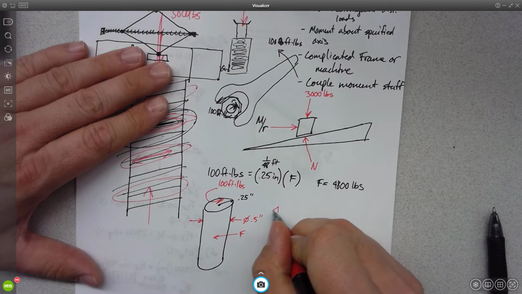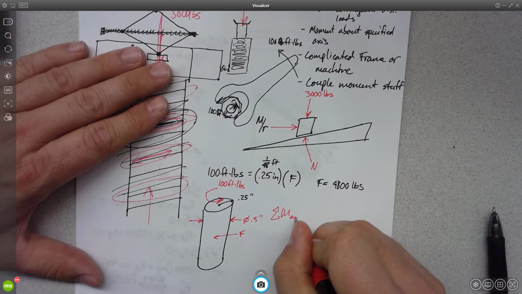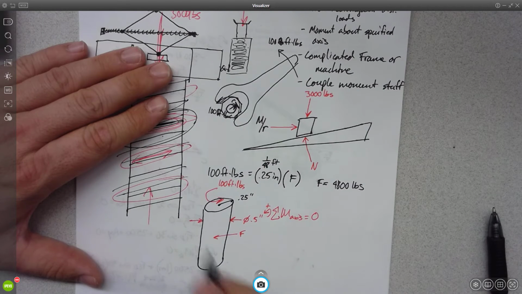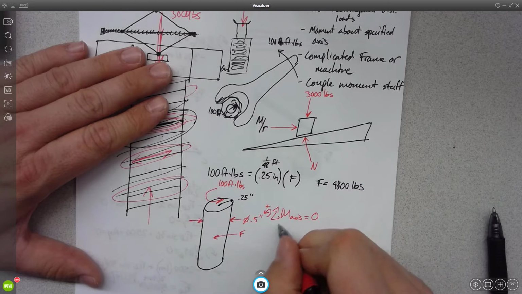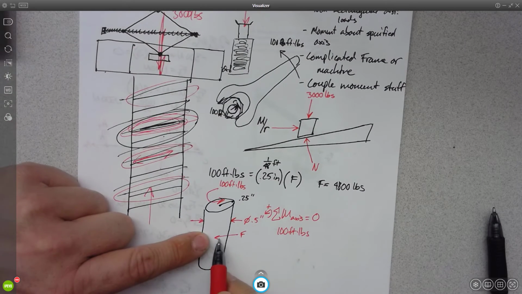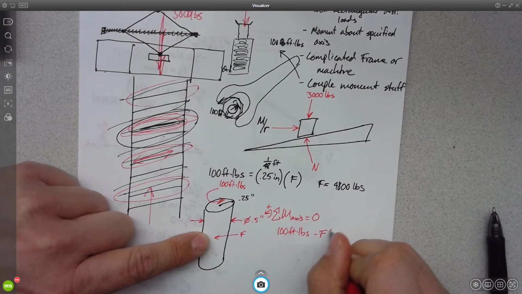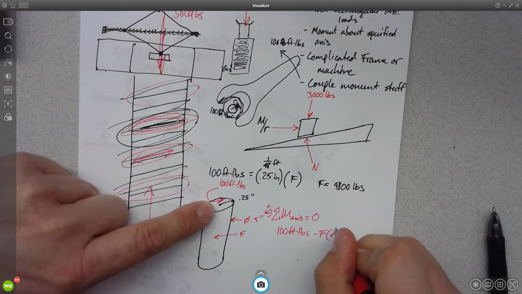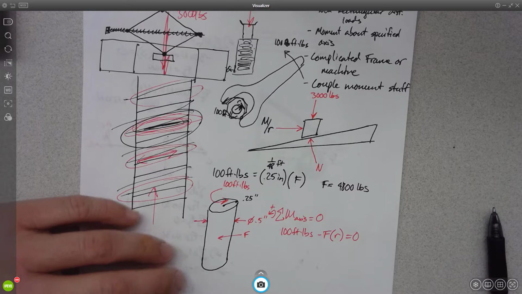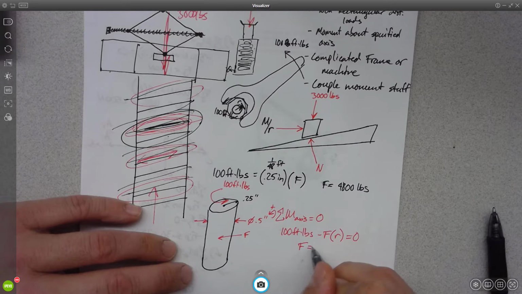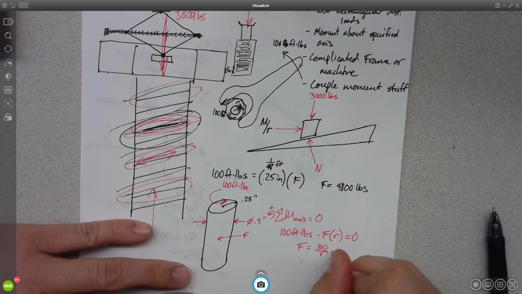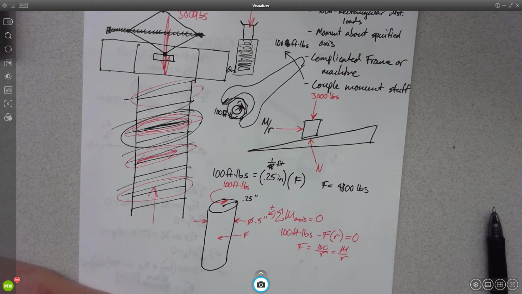If I sum the moments about the axis and set them equal to 0, looking down from the top, I have 100 foot-pounds minus F times R equals 0. Does that make sense? So F is equal to 100 over R, which is really just the moment over R.